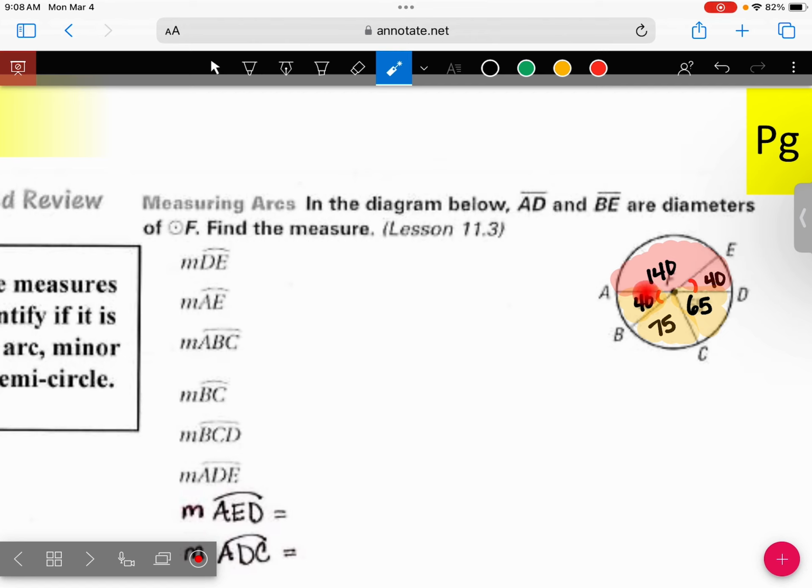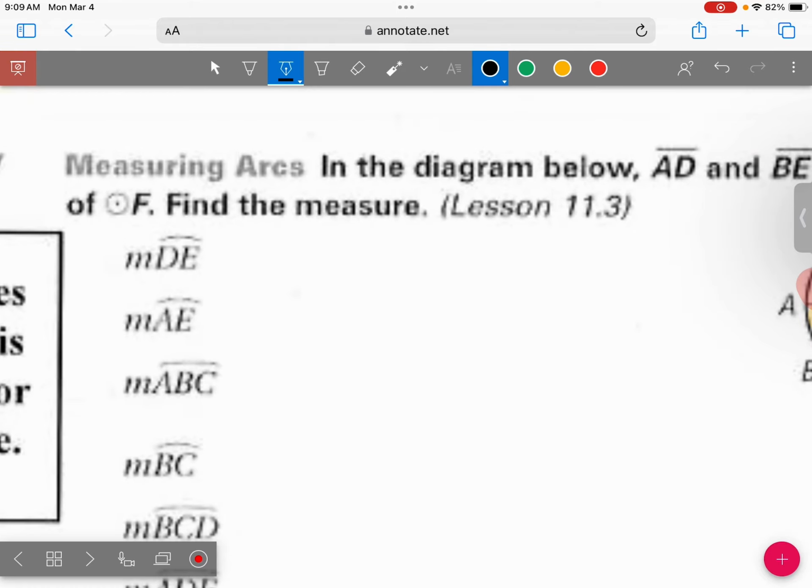Even though we found all of the angles inside, because this is a central angle, the same angle applies to the outside. So from D to E is 40, so the measure of arc DE is 40. Is that a minor, a major, or a semi? Minor, because it's less than 180.